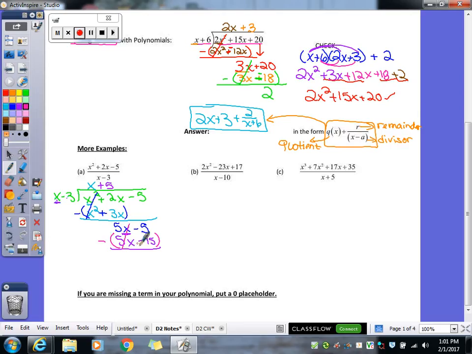Our x's cancel. That 15 turns to positive when I subtract. So negative 5 plus 15, we get a remainder of 10. So whenever you get down to just a single number, that's as far as you're going to go. So again, we would write our answer here as x plus 5 plus 10 over x minus 3. That's our quotient with our remainder.